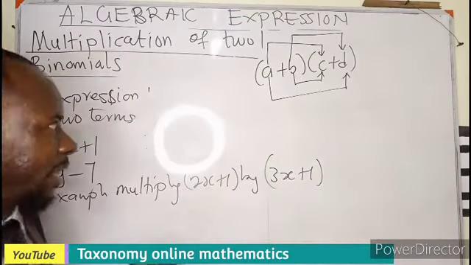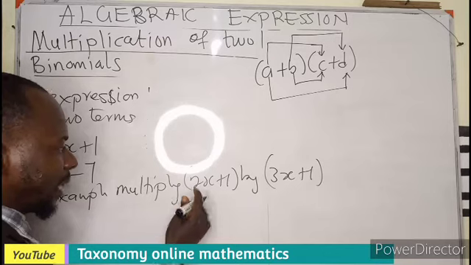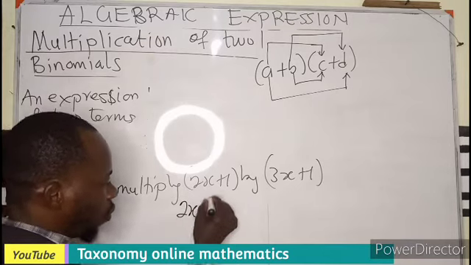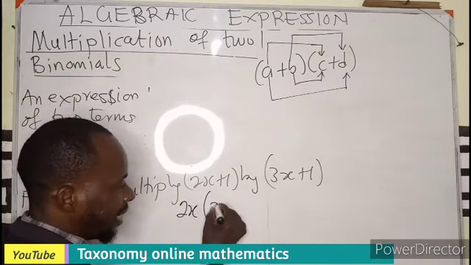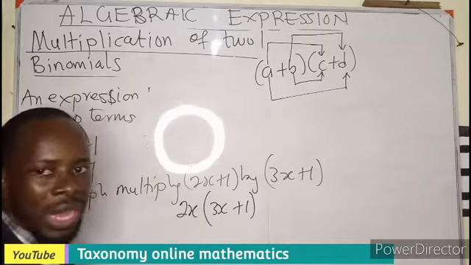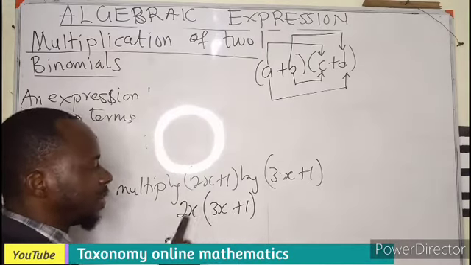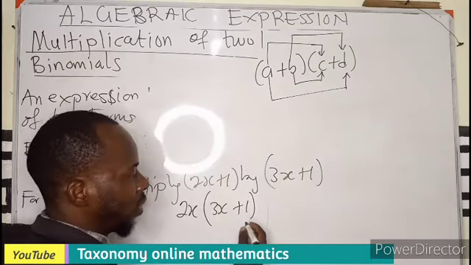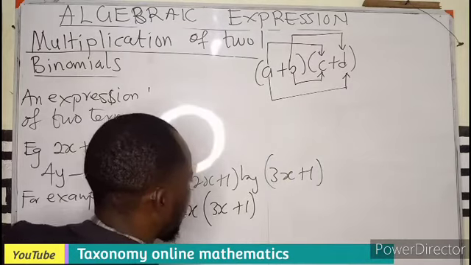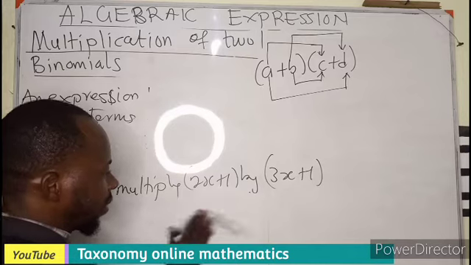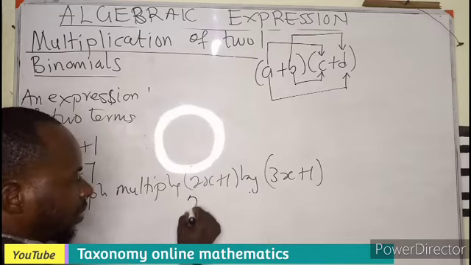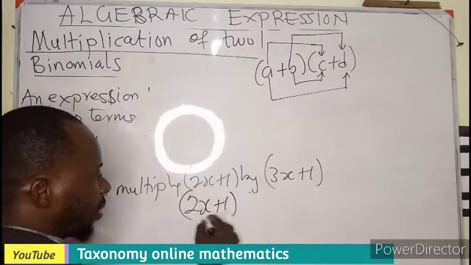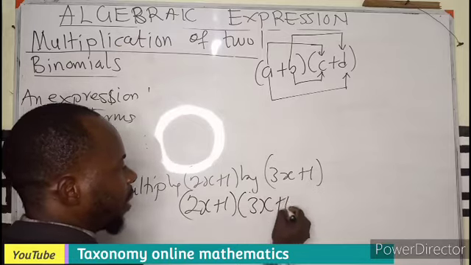So if that is the case, it means here 2x will be multiplying 3x plus 1. This will multiply this, as we can see from there. Then let me write this as a multiplication first. 2x plus 1 times 3x plus 1.